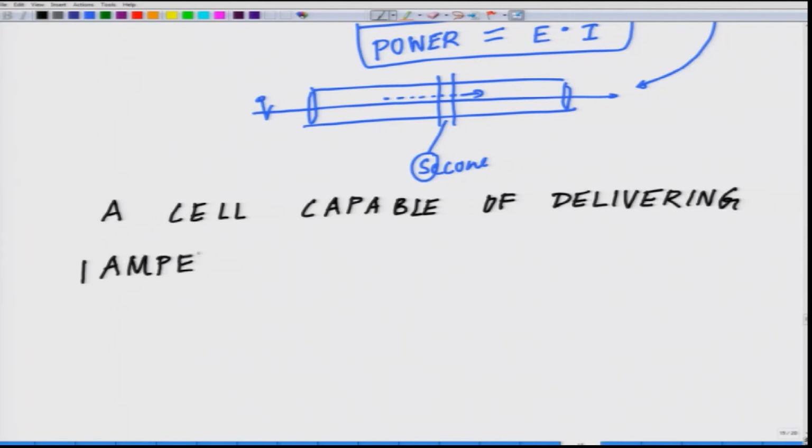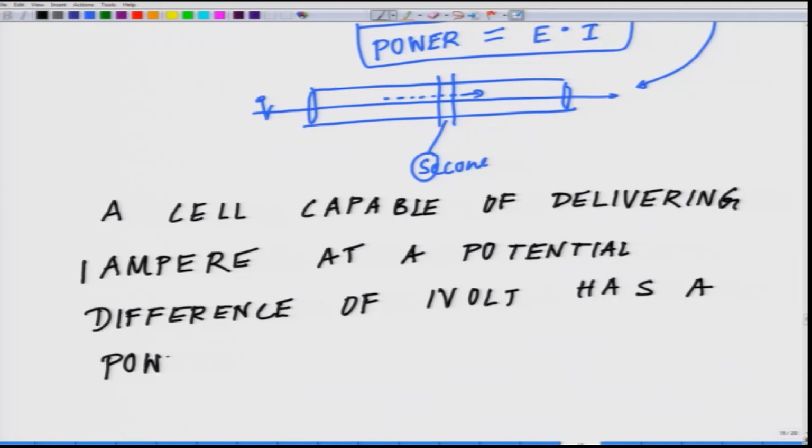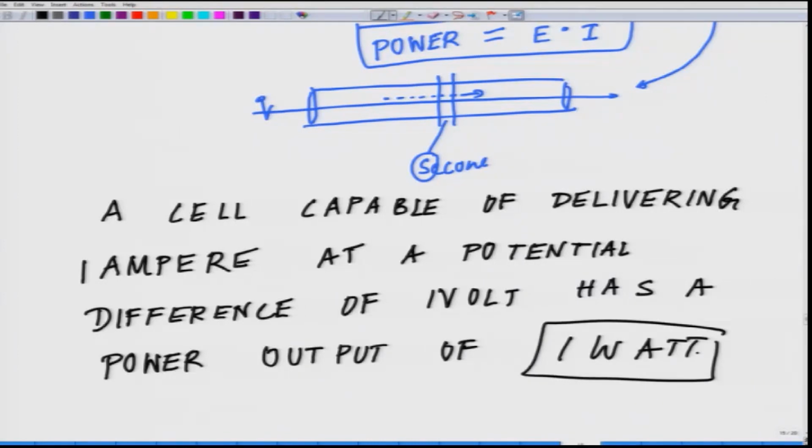Now, again put everything in unity, you will realize it. 1 ampere at a potential difference of 1 volt has a power output of 1 watt. Now, this is the new term wattage.